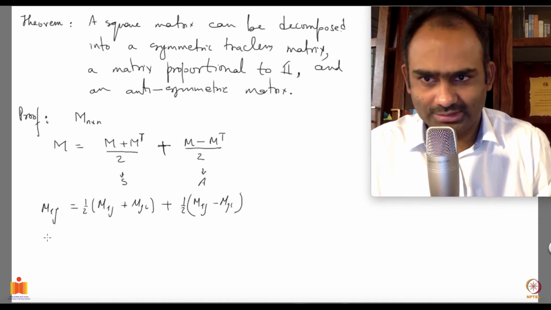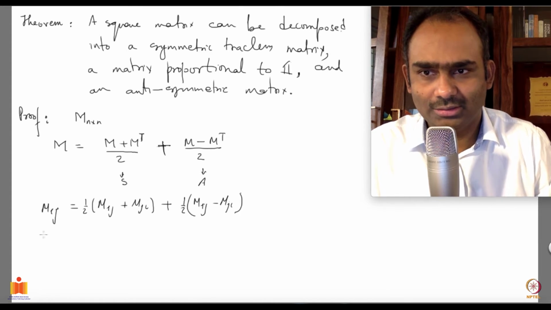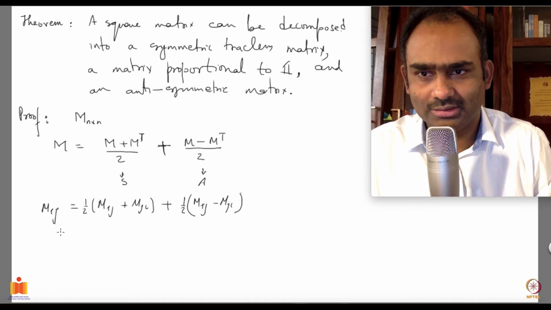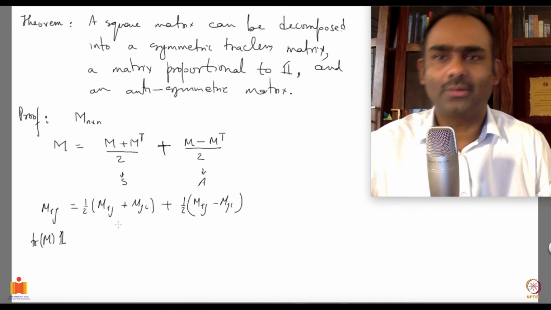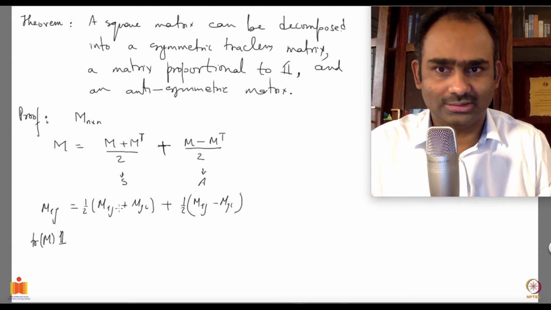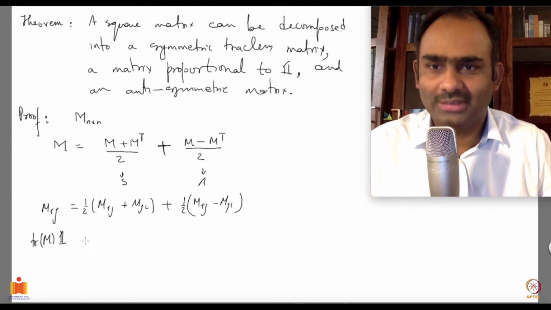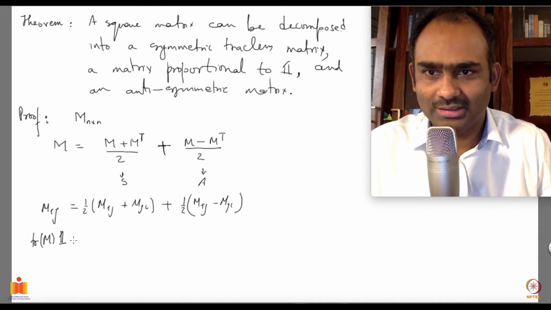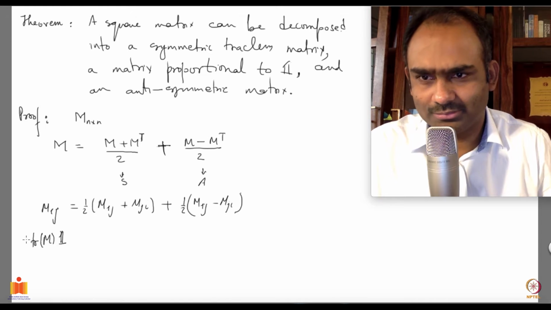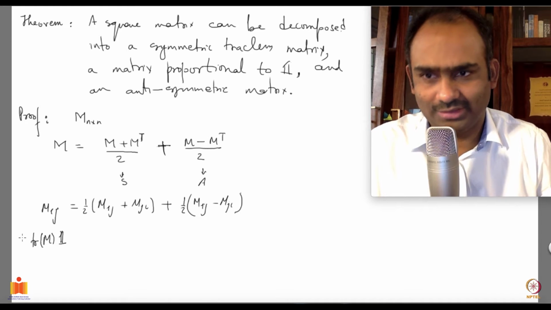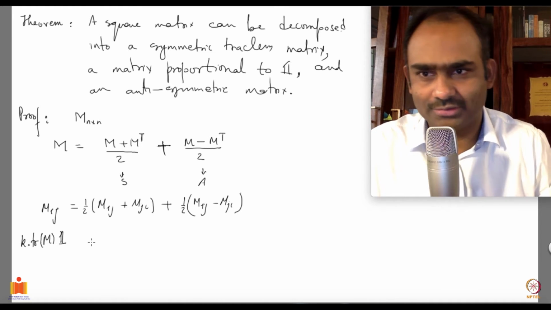Look at this: identity, which is a symmetric piece, multiplied with the trace of M. Now this is what I want to add and subtract in the above expression, but I have to be careful because let's say I multiply with some factor k and I will fix the factor k. That will be an easier way of stating all this.